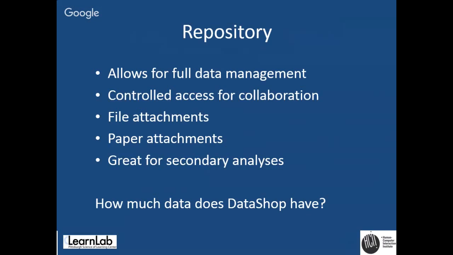So as a repository, it allows for full data management. We have this concept of a data owner and a primary investigator. The idea of the primary investigator initially came from it being built and used as a platform for doing studies through the Pittsburgh Science and Learning Center.